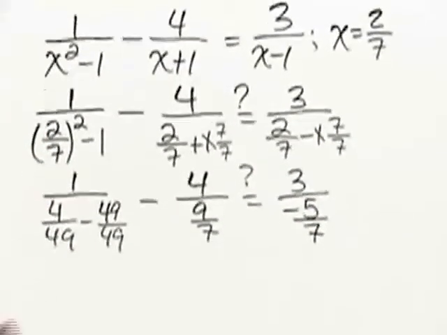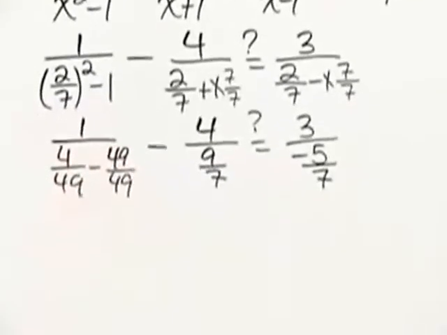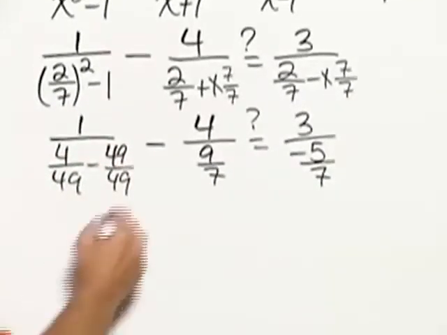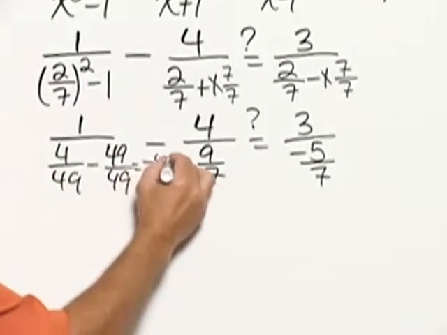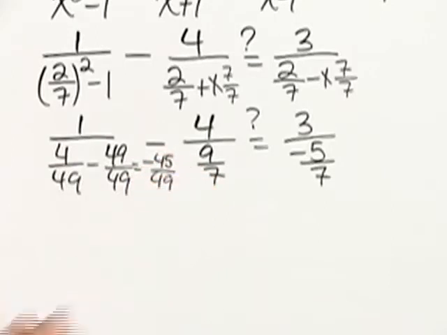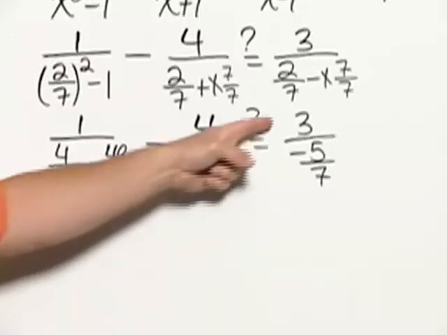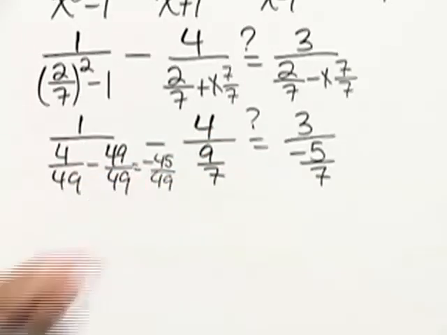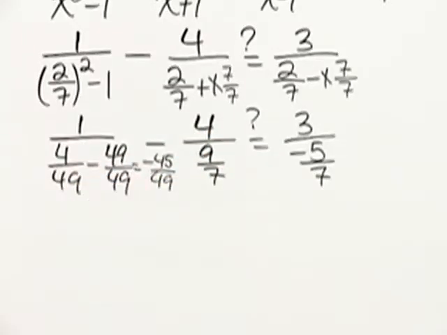Now, while we're here, when we subtract 4 minus 49, that would give us negative 45/49. Each of these is being divided by a fraction. And therefore, when you're dividing by a fraction, you change it to multiplication times the reciprocal.